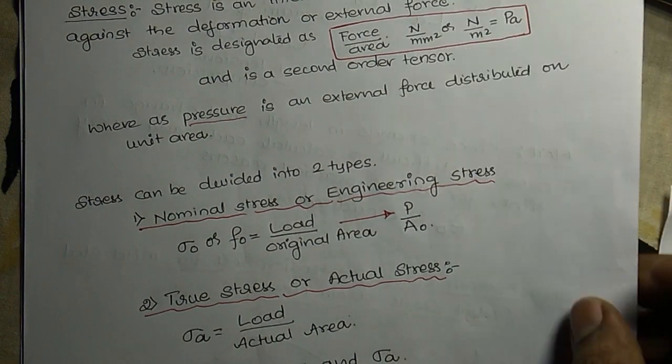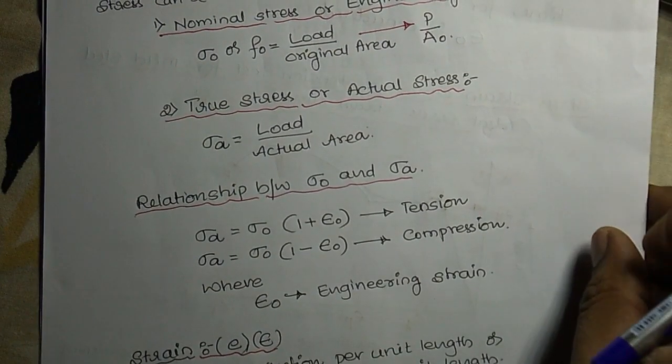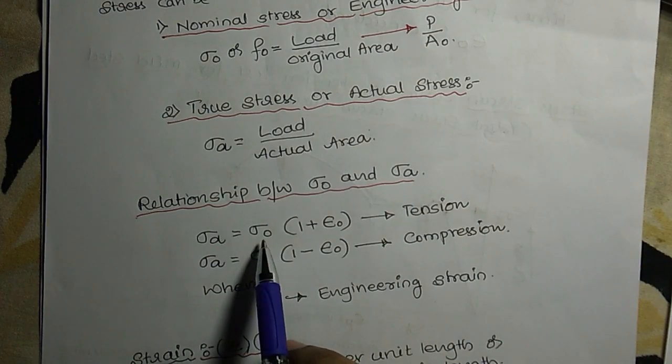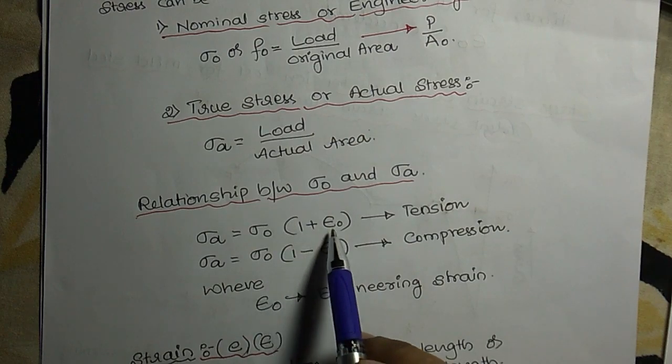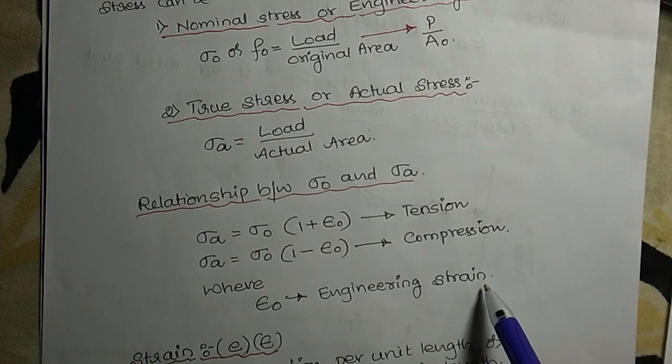It can also be written in the form of a small relationship: actual stress is equal to normal stress into 1 plus epsilon naught, where epsilon naught is the engineering strain.